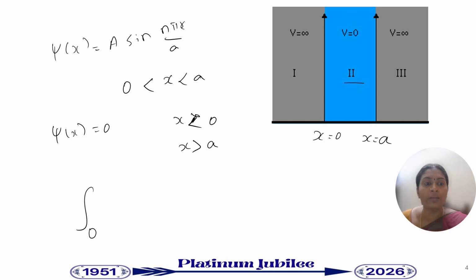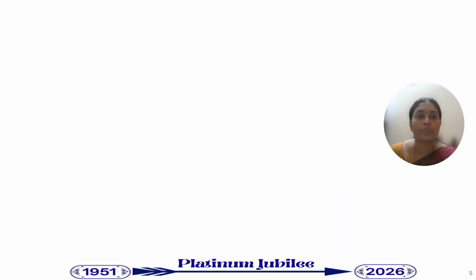So we can write that integral 0 to a of the modulus of psi square of x into dx is equal to 1. So using this condition, we are going to calculate the normalized wave function for this one-dimensional potential box. So this can be written as integral 0 to a of A square sine square n pi x by a into dx is equal to 1.